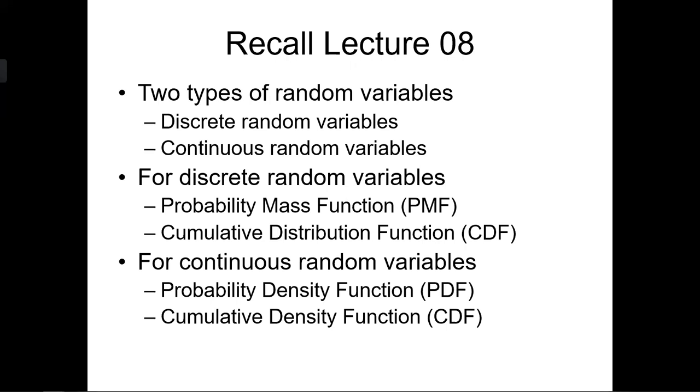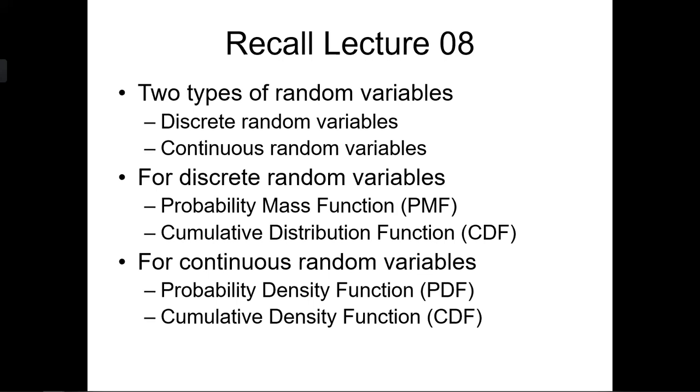Okay. So there are two kinds of probabilities we will discuss, based on what kind of variable we have. For discrete random variables, we have the probability mass function and the cumulative distribution function. For continuous random variables, we have the probability density function and the cumulative density function.